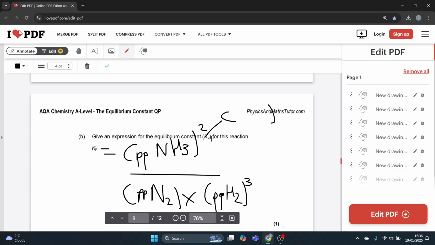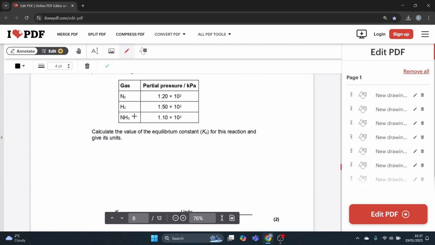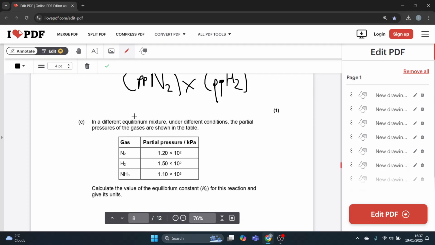Remember, Kp is curly brackets and Kc is square brackets, but here it doesn't want Kc, therefore don't use square brackets. Part C: calculate the value of the equilibrium constant Kp for this reaction and give its units.